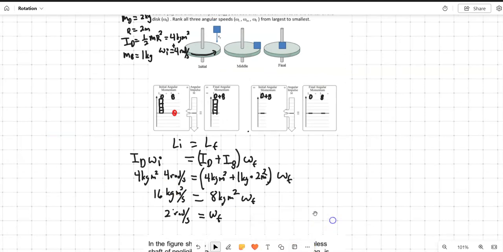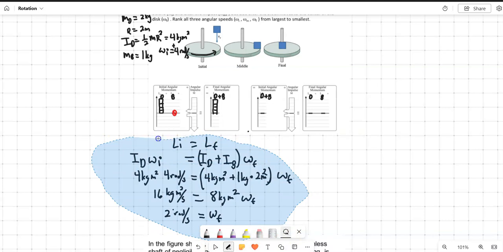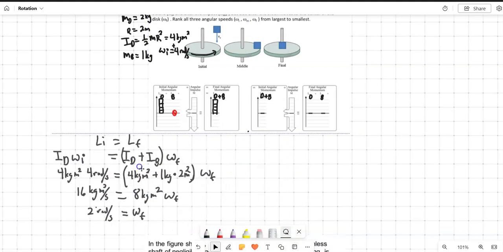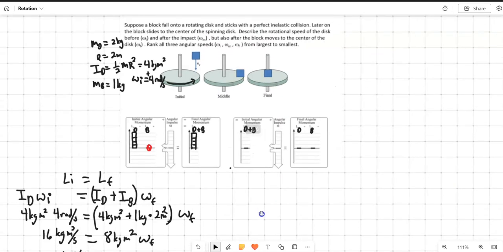The second part of the problem, in fact, I'm going to take this area right here and move this all over here, because this is going to reference this bar chart. I need room to do my other bar chart.